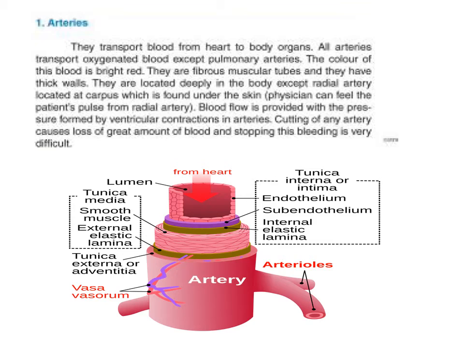And the color of this blood is bright red. Bright. Why? We can say why the blood that's found in arteries, in all arteries except the pulmonary artery, is bright.